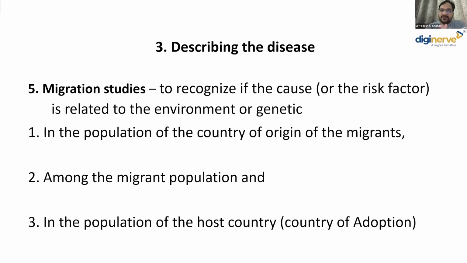So it depends upon the population of the country of origin of the migration, the migrating population, and the population of the host country. So it depends upon three things: the incidence of the disease in the country where the people are coming from, in the host country, and in the population of migration.